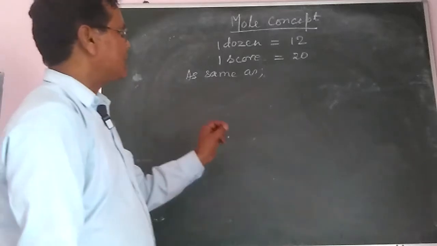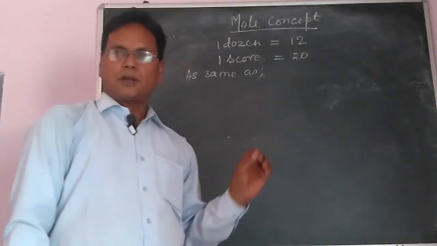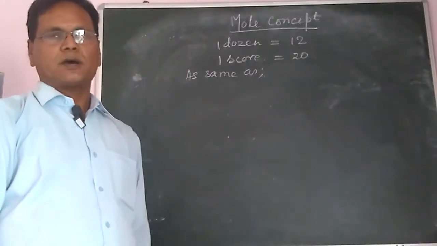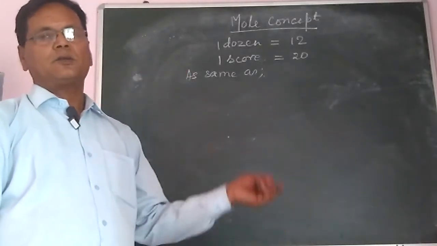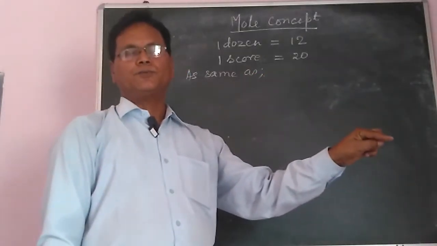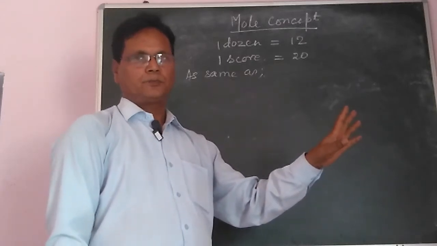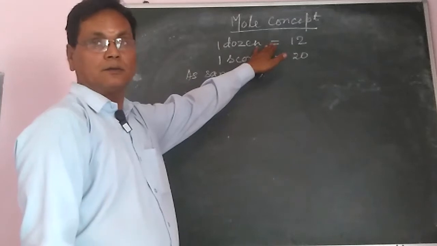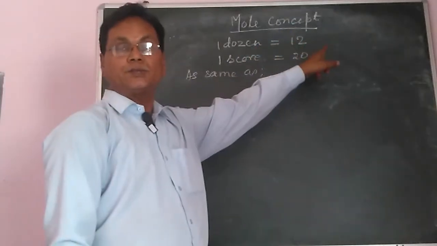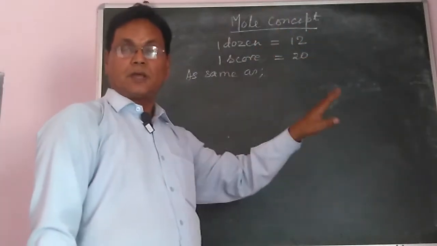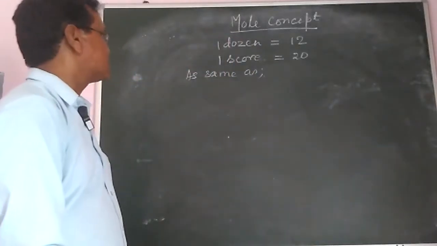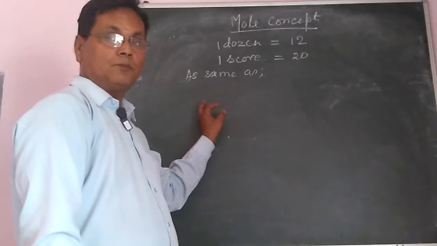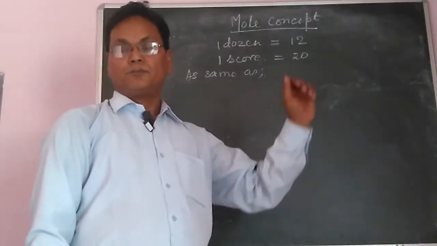If you want to find out the number of particles in 1 mole of any substance, that will always have the fixed number of particles. As 1 dozen of bananas always consists of 12, it is fixed, the same as mole concept.